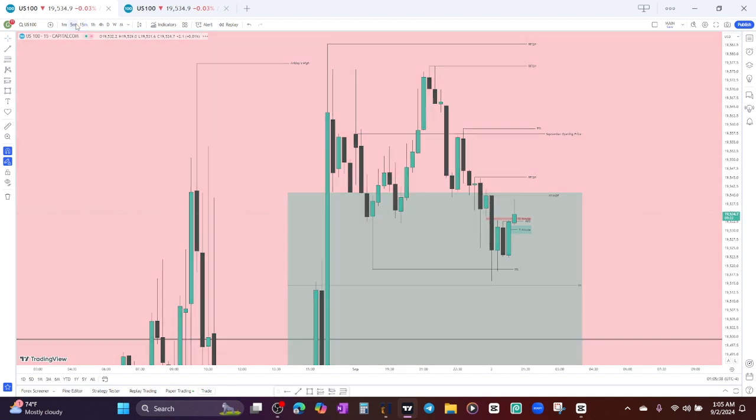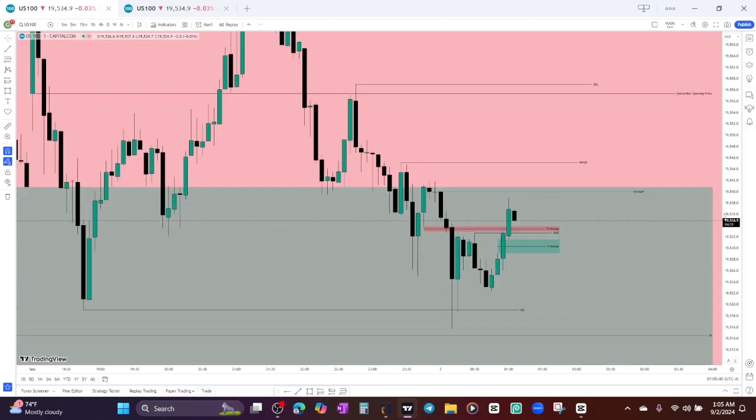So if we were to enter $1 per point at this 5-minute fair value gap, place our stop below here, we'd be risking from 6 to like $9.